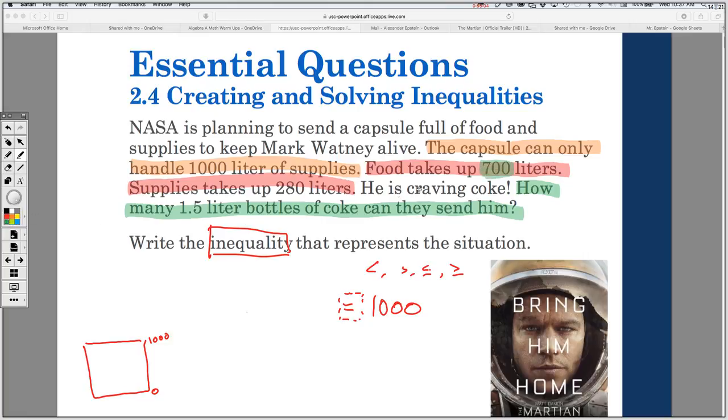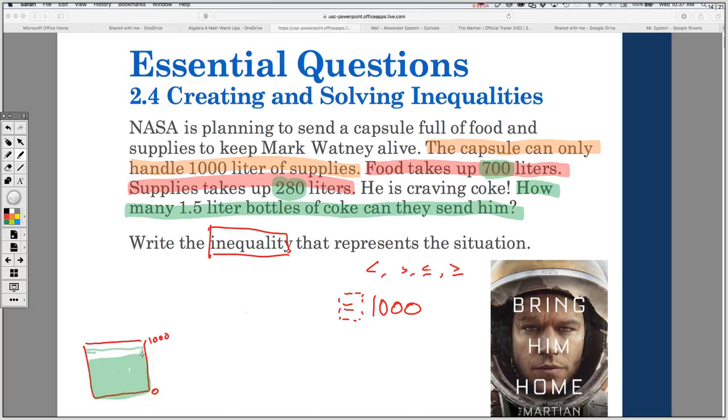So I'm looking at it in a more visual way. And then 280 would be about right here, and fill that in. There's only a little bit on the top. How much does that top represent?